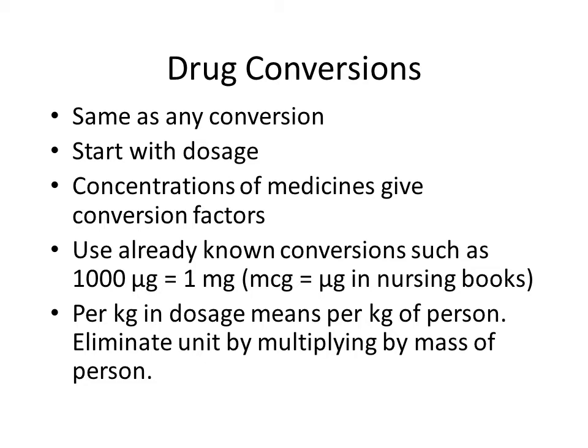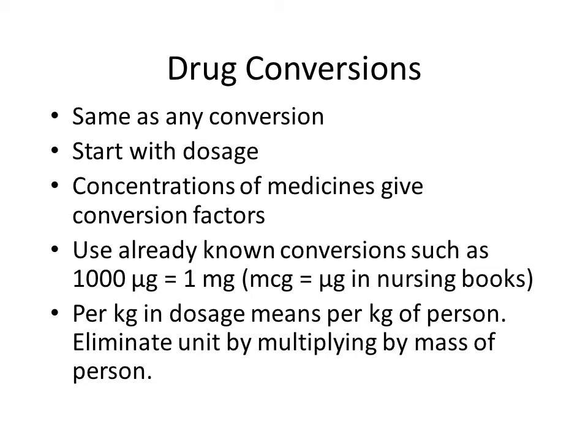If you do not know that relationship, stick with the prefix method of going from one unit to another in the metric system. Now, in your dosage, you will often see a kilogram in the denominator, or it will say a particular amount per kilogram. That per kilogram, or sometimes it's per pound, means per mass of that person.